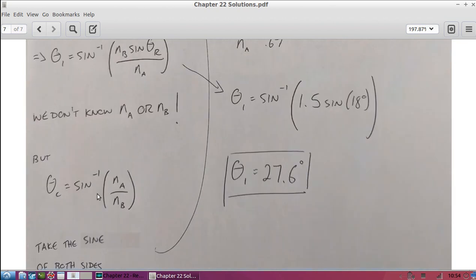So the critical angle is the inverse sine of the index of refraction of the outer medium over the index of refraction of the inner medium. So it's n sub a over n sub b.